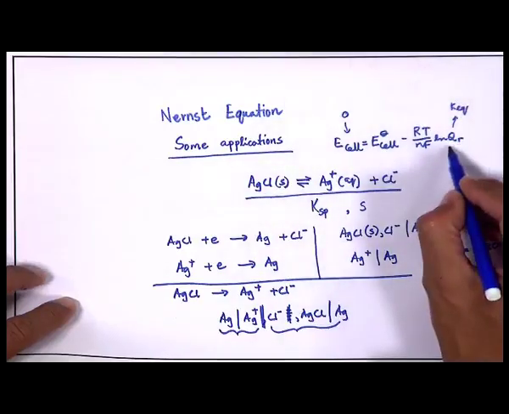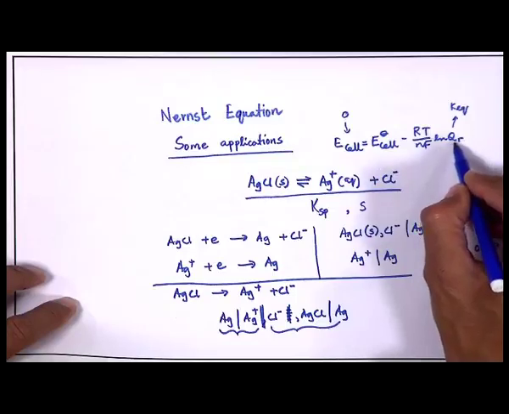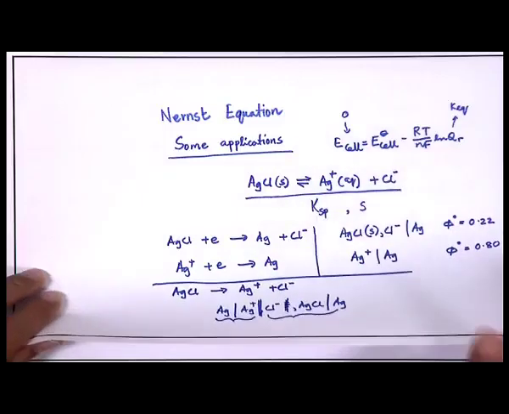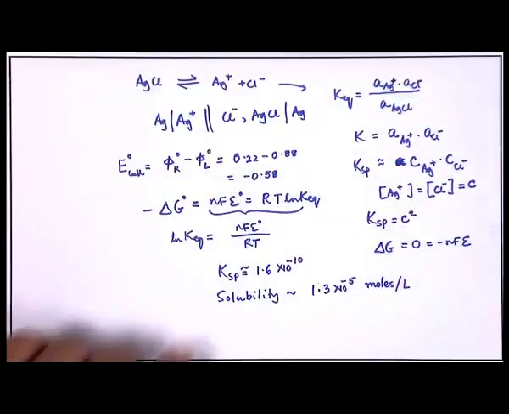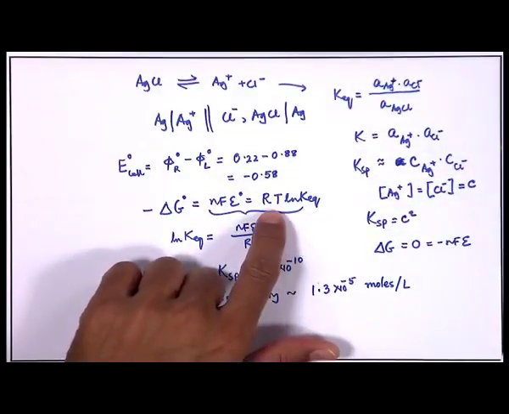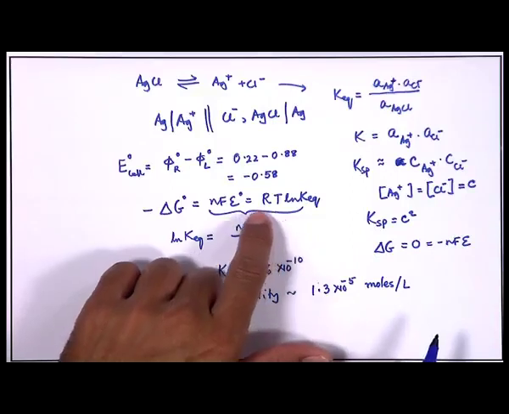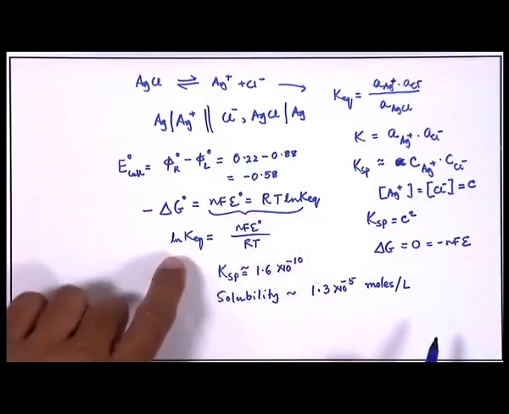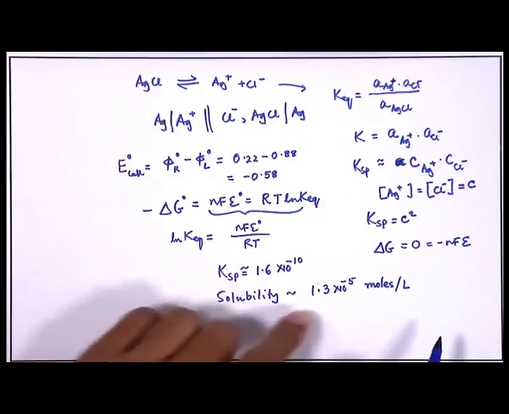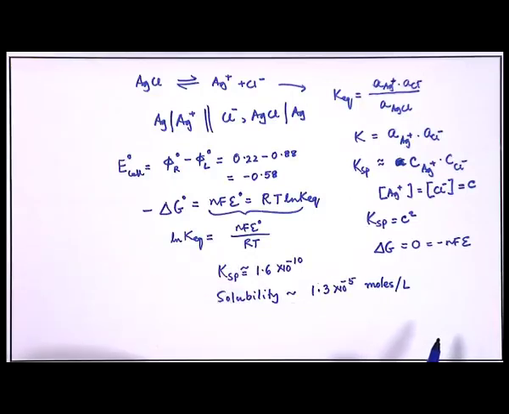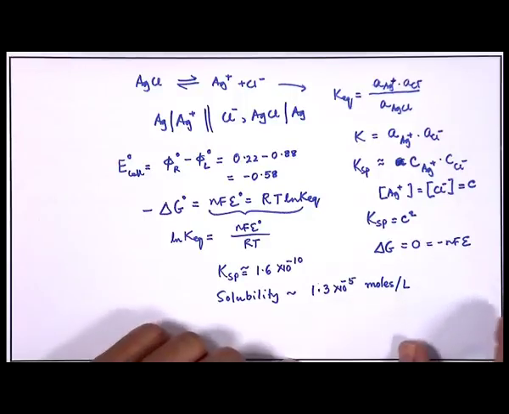Okay. It is the reaction quotient at any condition, and at equilibrium this quotient becomes K equilibrium. From this expression you will be able to find out the solubility and solubility product of the sparingly soluble salt. So, this is one important application of the Nernst equation.